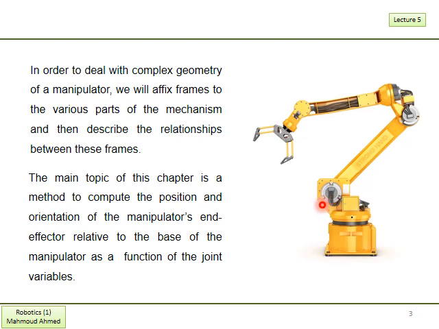This is the main issue in this chapter. So again, we simply describe the position and the orientation of this end effector frame with respect to the base frame as a function of all the joint variables.